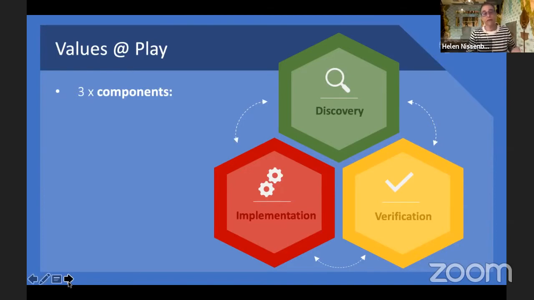And I should mention two key collaborators on this are Mary Flanagan, who's a games designer and a digital artist, at Dartmouth, and Daniel Howe, who is a systems designer, faculty in Hong Kong. The three components are discovery, implementation, and verification.